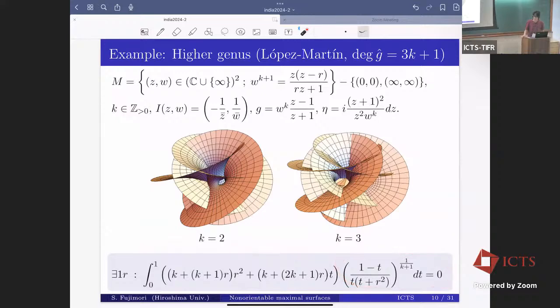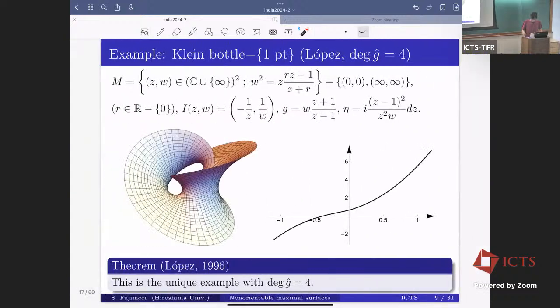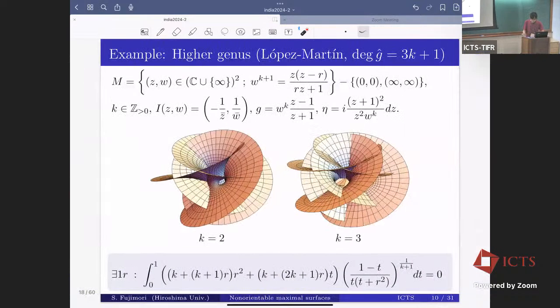For the left-hand side, we have many variables, K, R, T, but K is positive and fixed, and T is integrated.